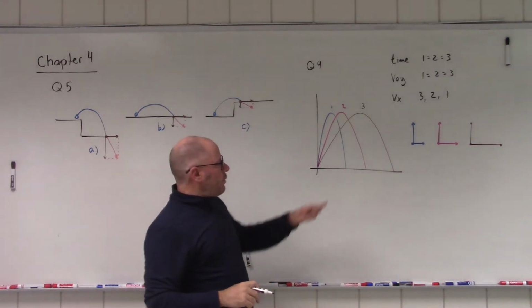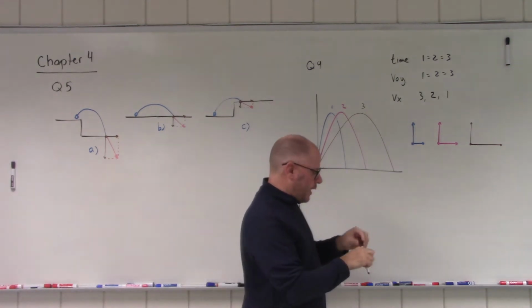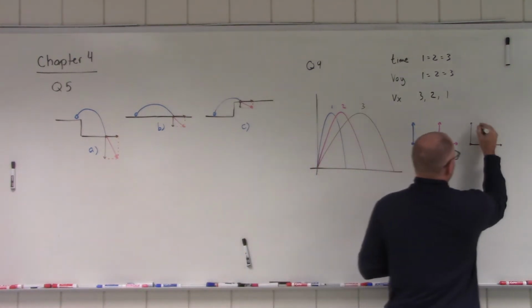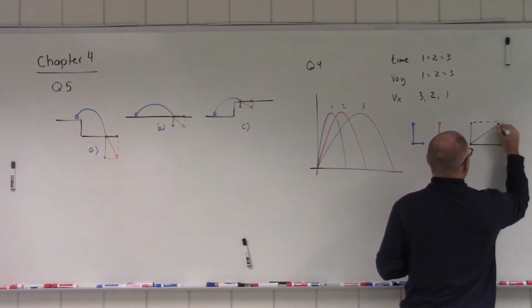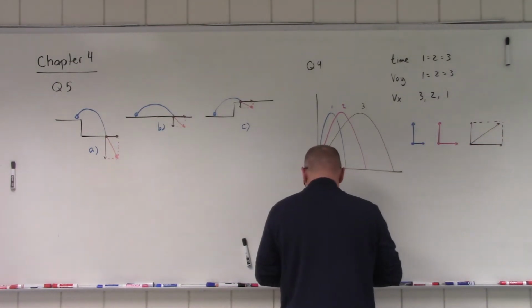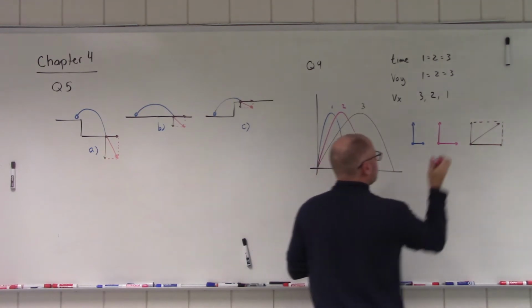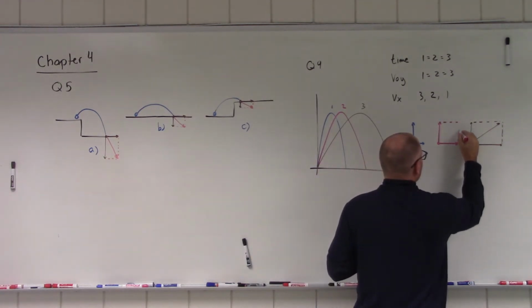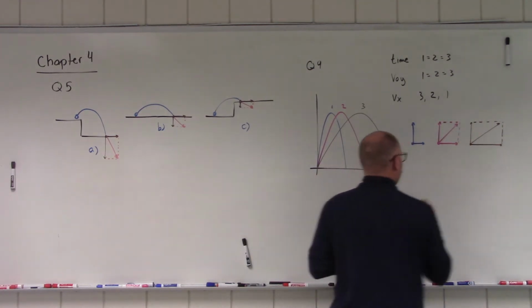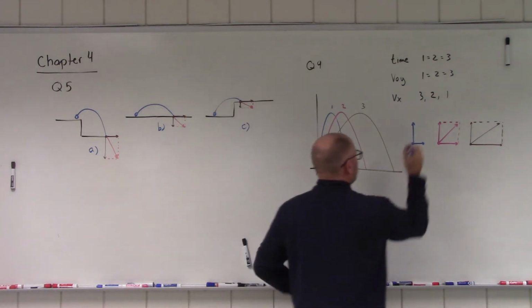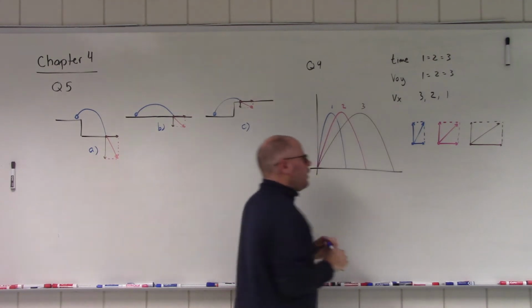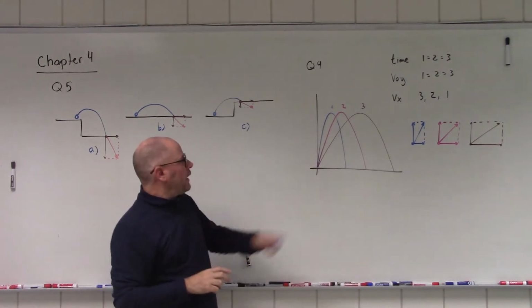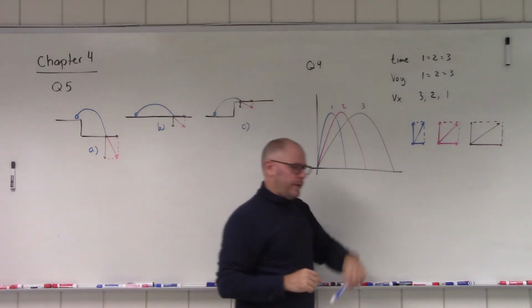So those are the components, all verticals are the same. The horizontals look like this. There's the brown. There's the pink. Here's the blue. So we can see that the greatest speed is clearly the brown one. It's number 3.